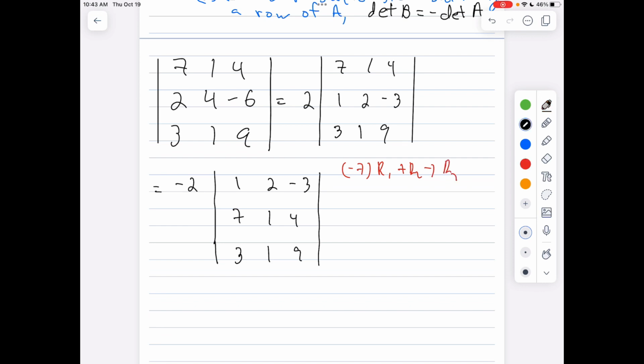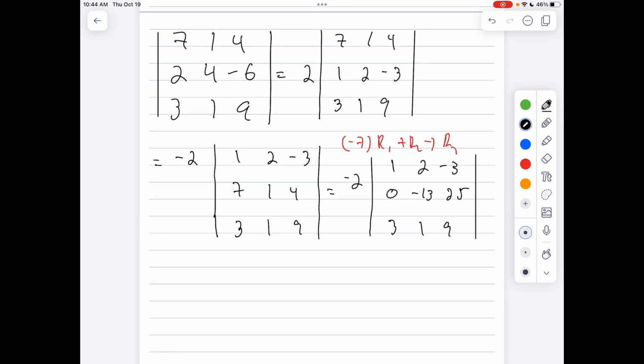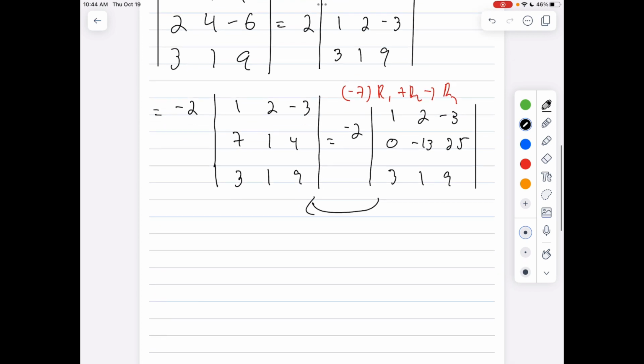You would get minus 2 times 1, 2, minus 3, 0. If we do the math there, this would be a negative 13 and a 25, and the third row stays the same. That has no effect on the determinant of what you had in the previous step. So these two determinants are the same.